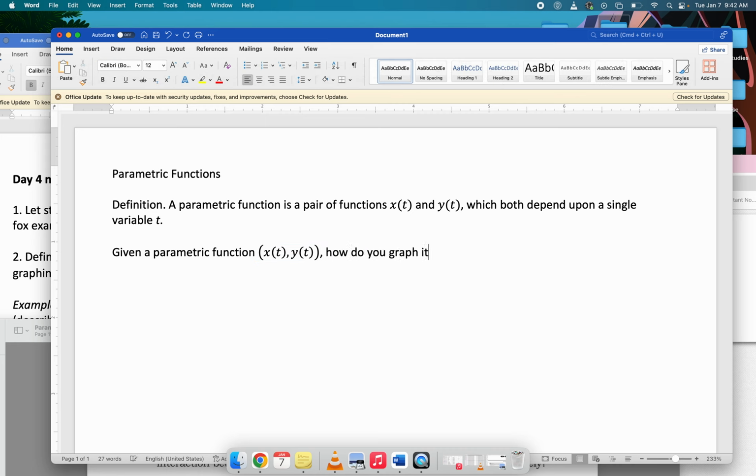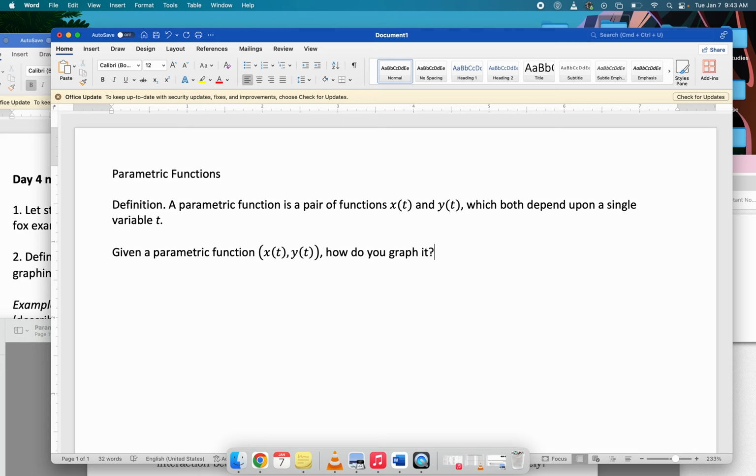How do you graph it? Well, this is the question that we'll spend a lot of the unit answering. It's a question with many different answers, and how you do it depends upon the situation.